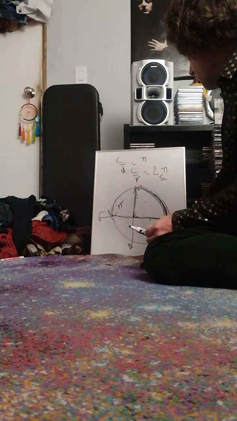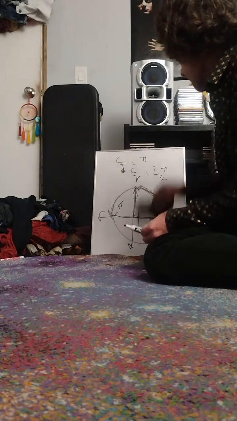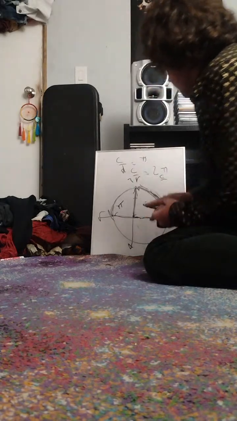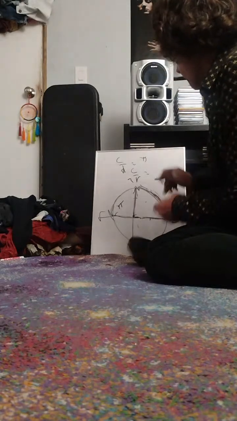Let's just go really slow. D equals 2r, and that would be equal to pi.